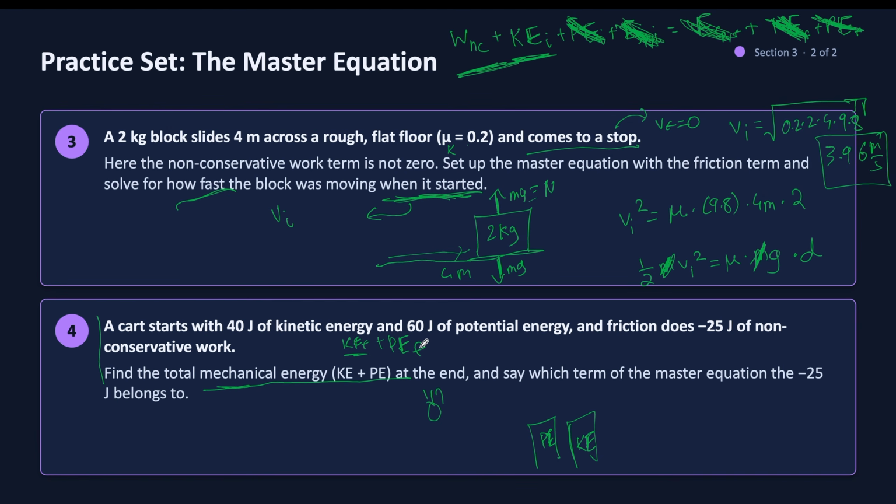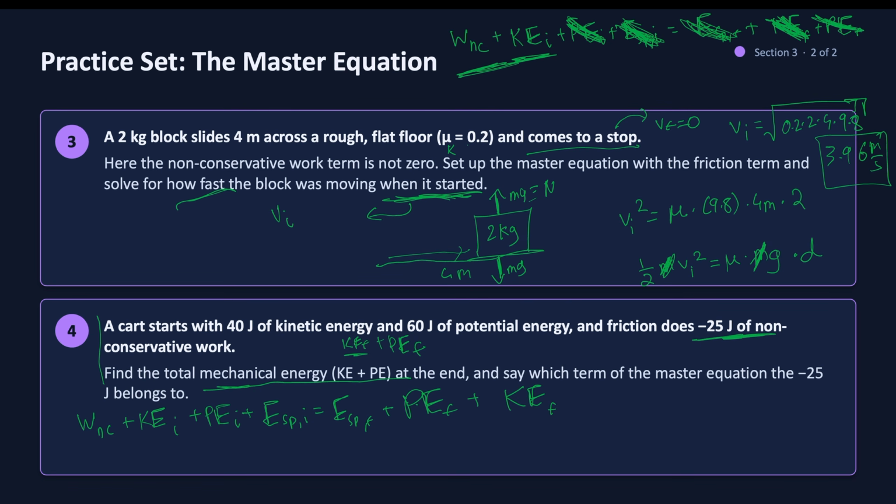Let me write out my equation: work non-conservative plus kinetic energy initial plus potential energy initial plus energy spring initial is equal to energy spring final plus potential energy final plus kinetic energy final.